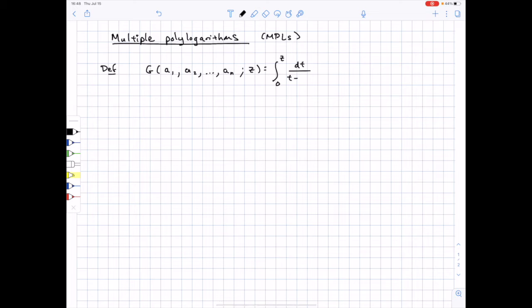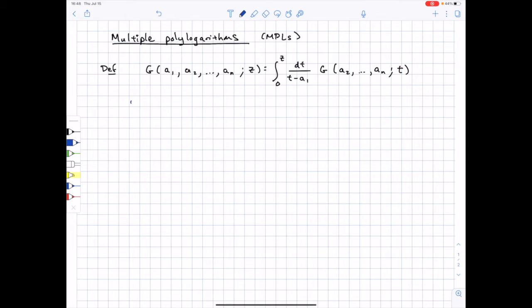You have some integrand with a linear denominator, and then they're defined recursively in terms of the MPLs with smaller numbers of arguments.